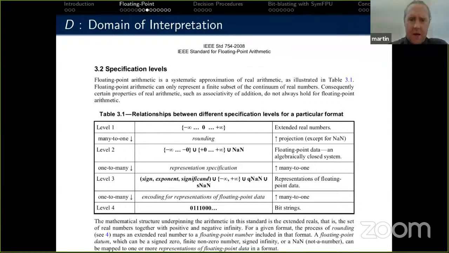First off, the domain. This is a screen grab from, as it says up the top, IEEE 754. And it says that the standard actually talks about floating point at basically 4 different levels.